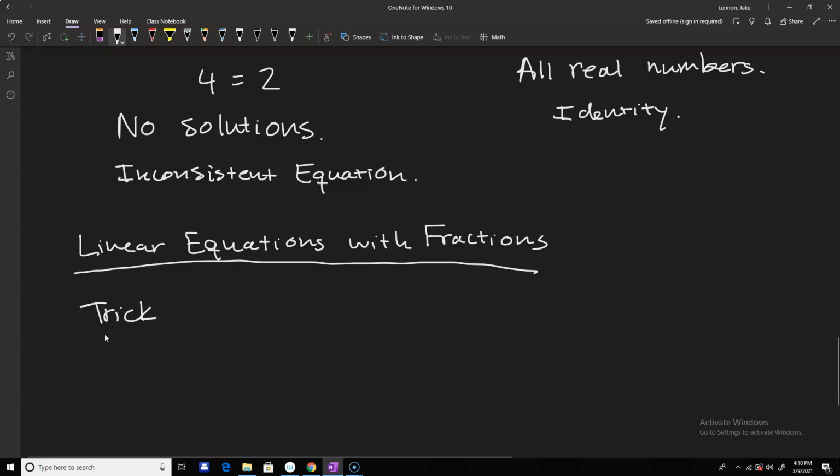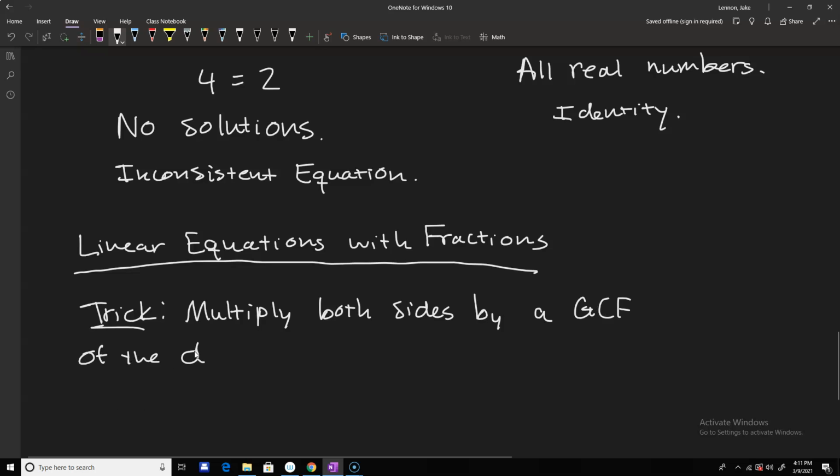What you want to do is multiply both sides by a GCF of the denominators to temporarily eliminate the fractions.